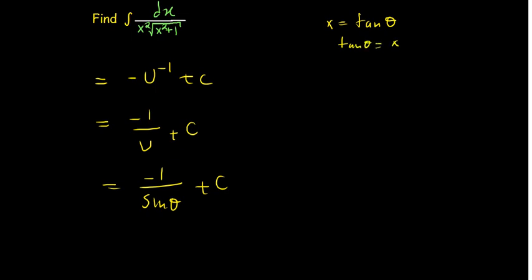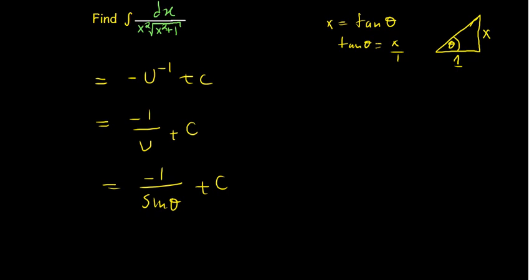We know x is the same as x over 1, and I can put this in a triangle. So if this is the angle theta, how do we find tan? Tan theta is given by opposite over adjacent. So the opposite is x, adjacent is the 1.